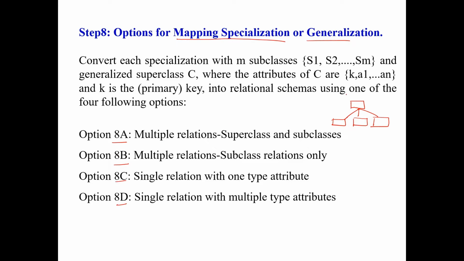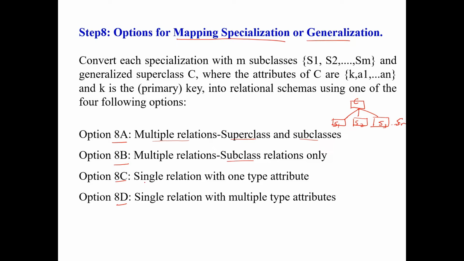8A says that if there is a superclass and subclasses S1, S2, S3, and so on up to Sn, then we can create multiple relations for the superclass and subclasses. Option 8B is multiple relations for the subclasses only.